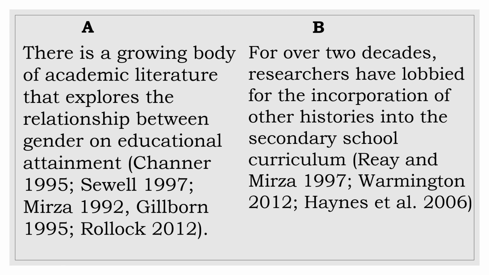There is a growing body of academic literature. For over 2 decades, researchers have lobbied. They're just telling you the lay of the land, very apparent, very descriptive. But still, even though it's descriptive writing, you can still get a lot of marks for this. What I like about what both of these students have done is that they've used a number of studies.